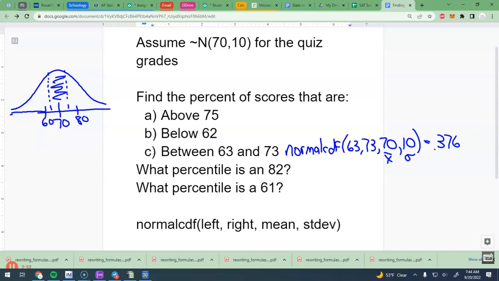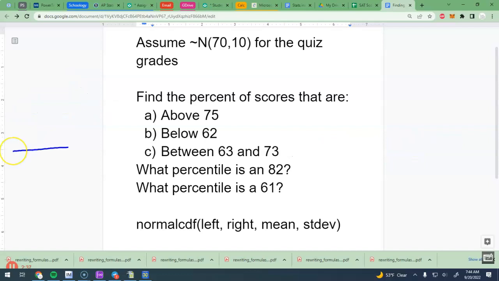If I got like 0.95, question on that? And then what percentile is an 82? So if you think about what percentile means, will you tell me what does percentile mean? Percentile is everything below. So like I'm the 95th percentile for height, let's say, because I'm taller than 95% of people.